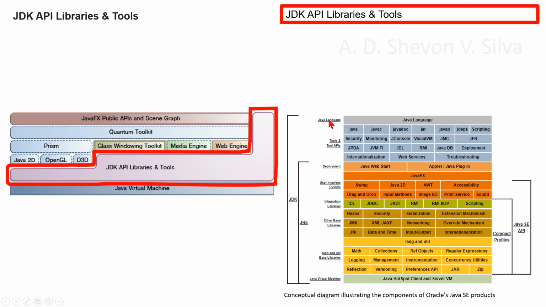In the Java language, you can see the Java language, tools and APIs: java, javac, javadoc, javap, jdeps, scripting, security, monitoring, JConsole, JavaVM, JMC, JFR, JDPA, JPDA, JVM TI, IDL, RMI, Java DB, deployment, internationalization, web services, troubleshooting, Java Web Start, applet, Java plugin, and JavaFX.